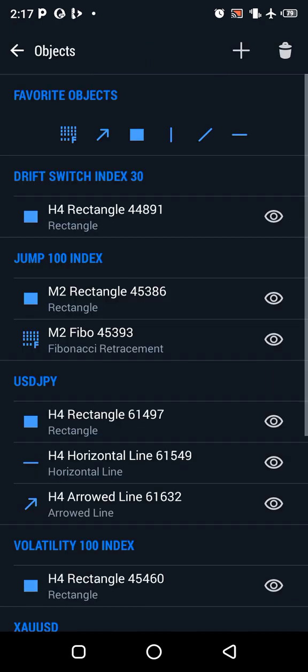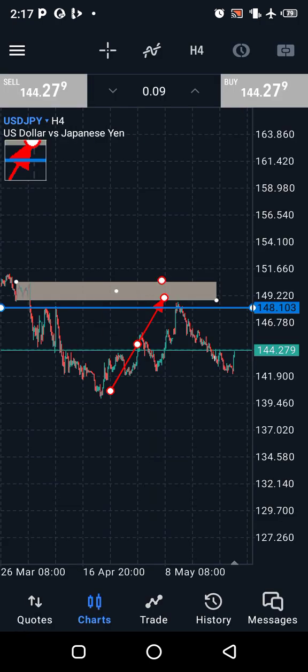Now that's where we could have taken our entries even further for a sell, right? So we could have taken our entries from there for a sell. And yeah, that's how I usually take my entries.